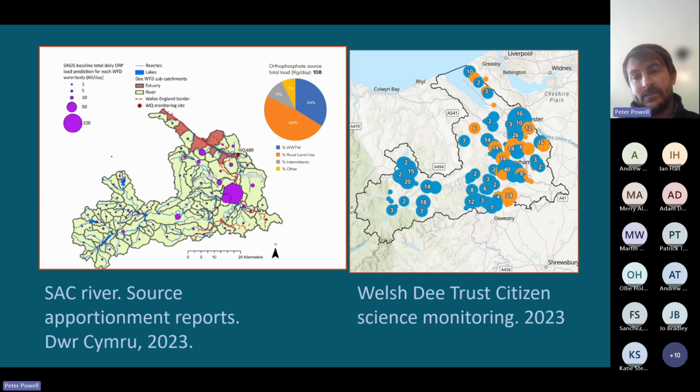They compared that to water sampling of the river, and they worked out what percentage was coming from sewage treatment works. And from that, they modelled what could be coming from other sources. Roughly, it works out at 45% from sewage, 45% from agriculture, and 10% from other sources.